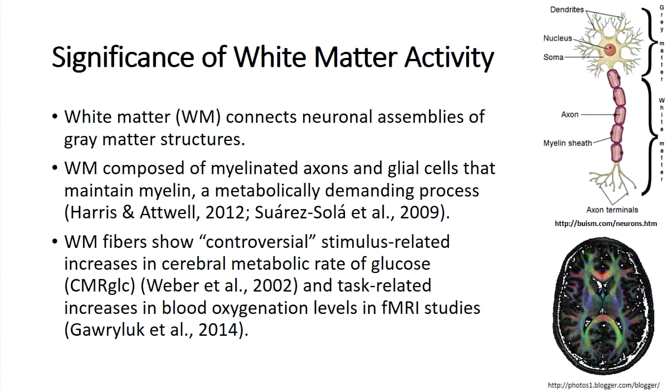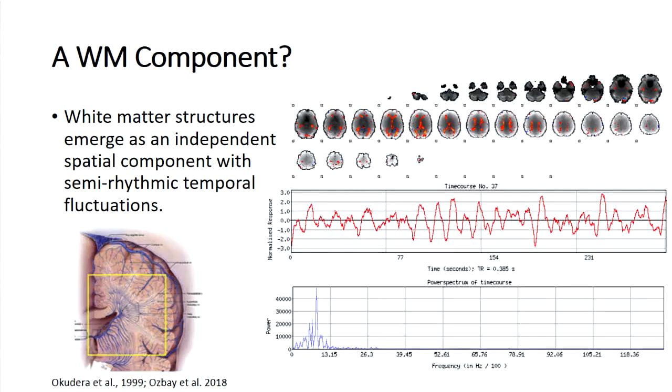However, for example, BOLD changes in white matter have been recognized to be controversial because some argue that the BOLD signal is more sensitive to postsynaptic synaptic activity that is predominantly seen in the gray matter. But that didn't stop us from looking into white matter, for example, from an ICA point of view.